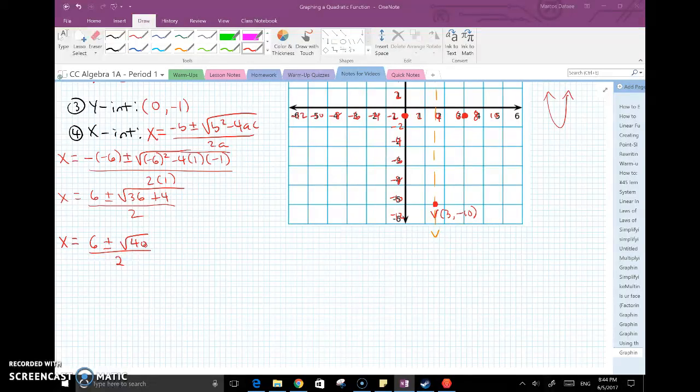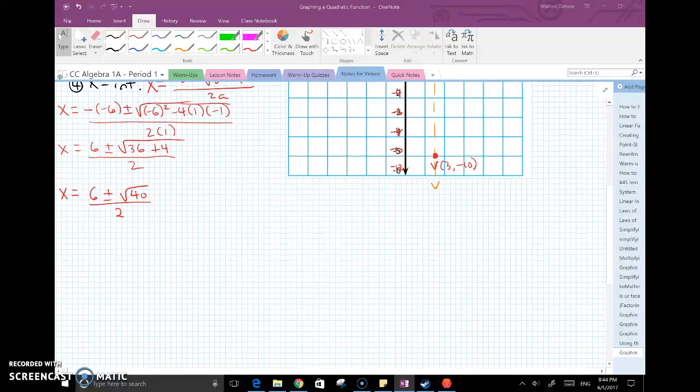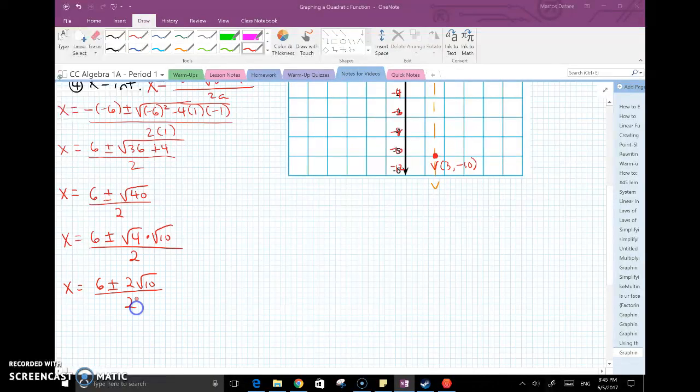So I think to myself, what 2 factors are there of 40 that I can break this into? Well, that would be radical 4 and radical 10. Okay, now radical 4 is a perfect square, so I get 6 plus or minus 2 radical 10 all over 2.